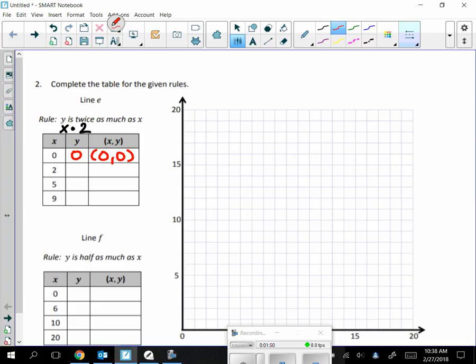If my x is 2, my y is 4 because 2 times 2 is 4. If I put in 5, my y coordinate is 10. So my coordinates are 5, 10. These don't have to be what you had.